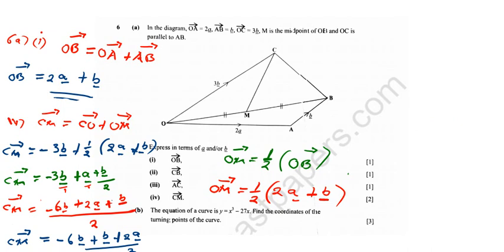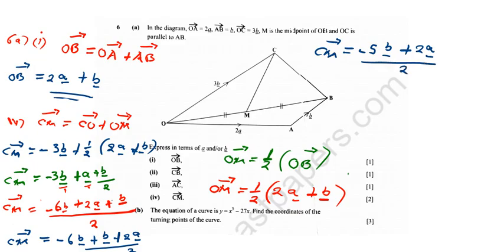Okay, so here we have our CM is equal to, so we have negative 6B vector plus B vector, I'm getting a negative 5B vector plus 2A vector over 2.